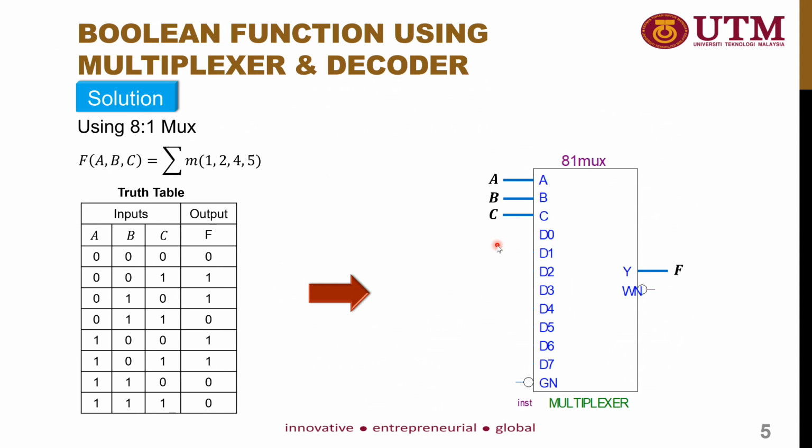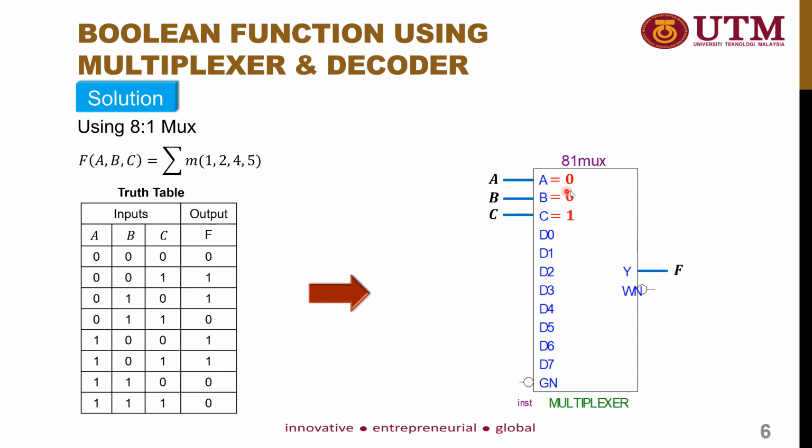For the multiplexer, when A is equal to 0, B is equal to 0, and C is equal to 0, the output F will be equal to the first index of the input, which is D0. So F will be equal to D0.